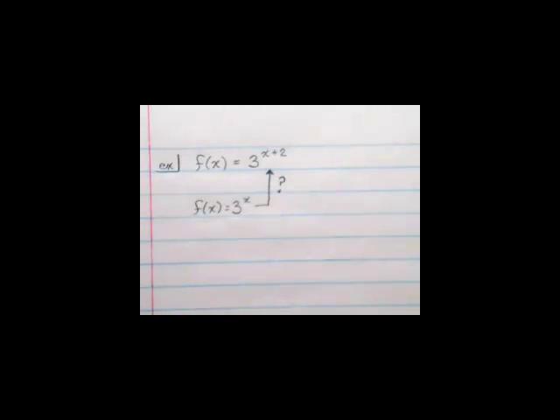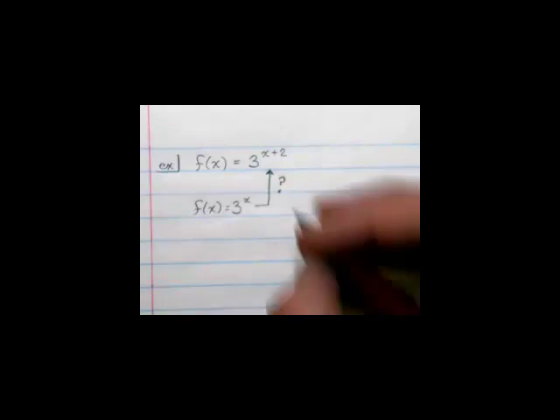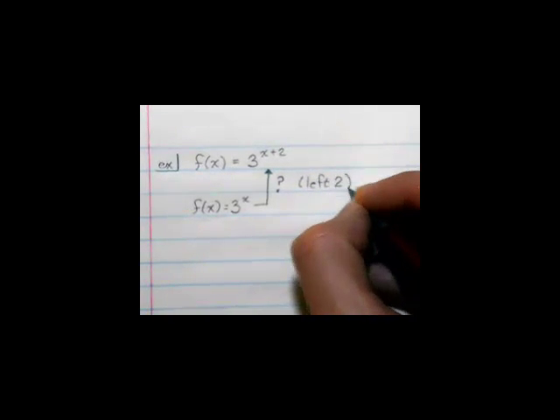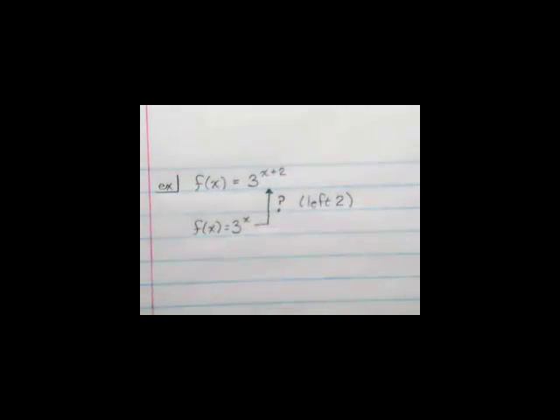Left 2, right, or correct. Okay. How do we know that it is a left 2? Somebody raise your hand so I don't have 6 people answering my question at the same time. It's with the x, and what else do you see that lets you know that it's to the left? It's plus, right. You're adding 2, so it's going to move to the left 2. Okay.